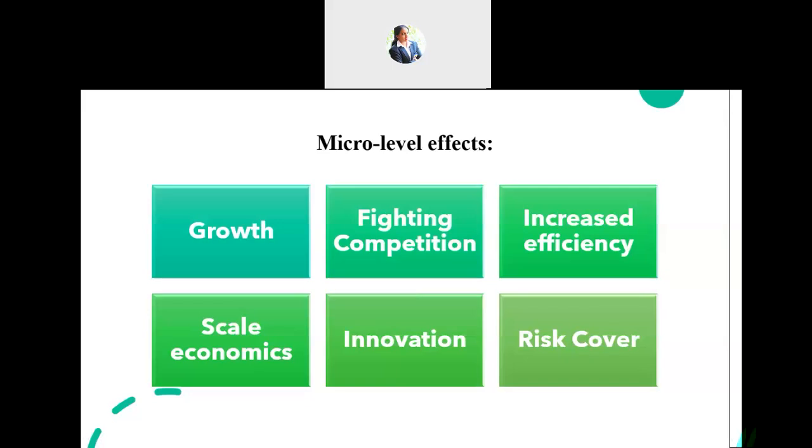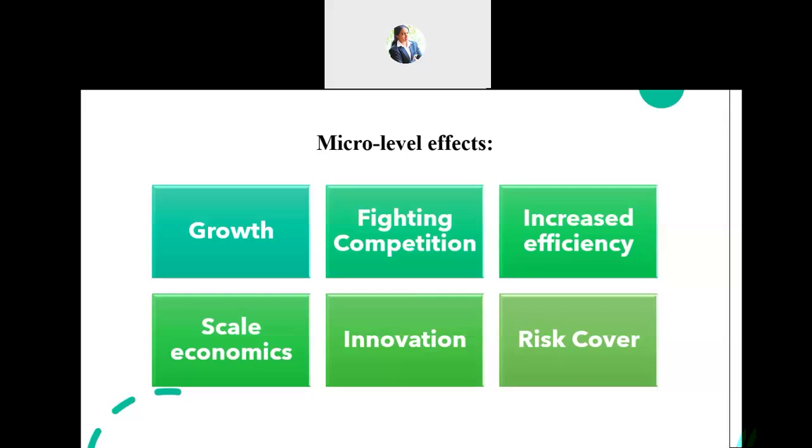The next one is scale economies. That simply tells that higher level operations on account of international operations will always produce benefits of scale and thus increase the profitability of the firm, or in other words, it is simply called economies of scale.